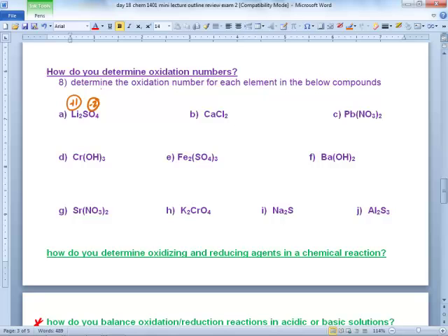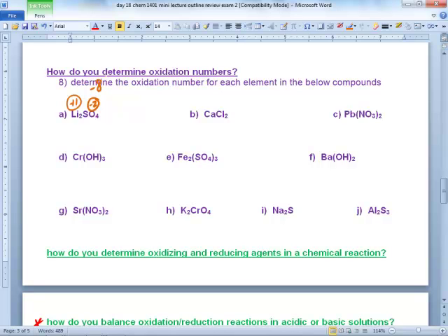Alyssa, now what? You take the -2 times it by 4. Okay, take the -2, she says, take it times the 4, you got a -8. Well, keep going. You're doing good. And then you see that if you have the +1 on lithium, then you have some lithium plus the sulfur has to equal 0. Okay, you're so close.